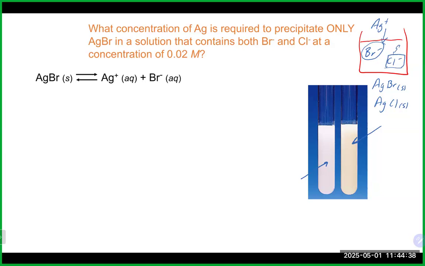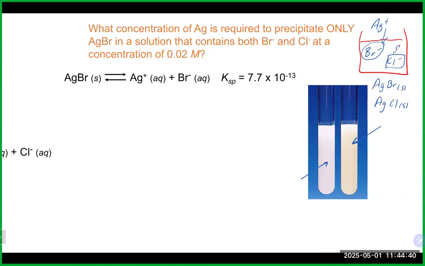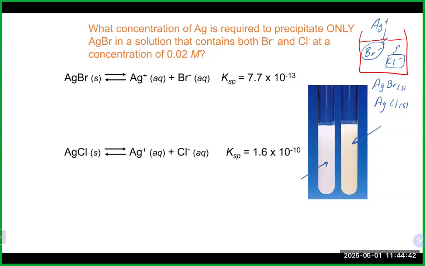So we could look at our two equilibriums that would be set up. We would have our silver bromide that can precipitate out and will make silver ions and bromide ions. We could also have our silver chloride that will make silver ions and chloride ions.